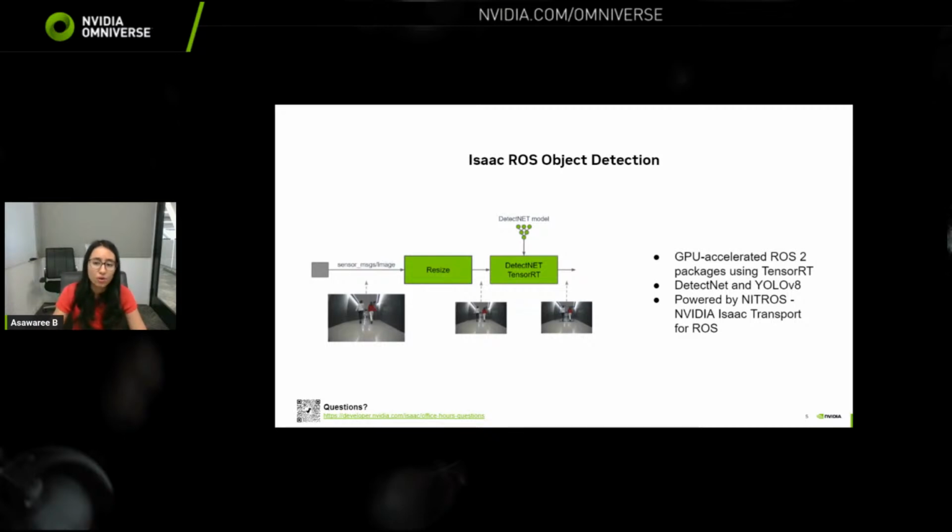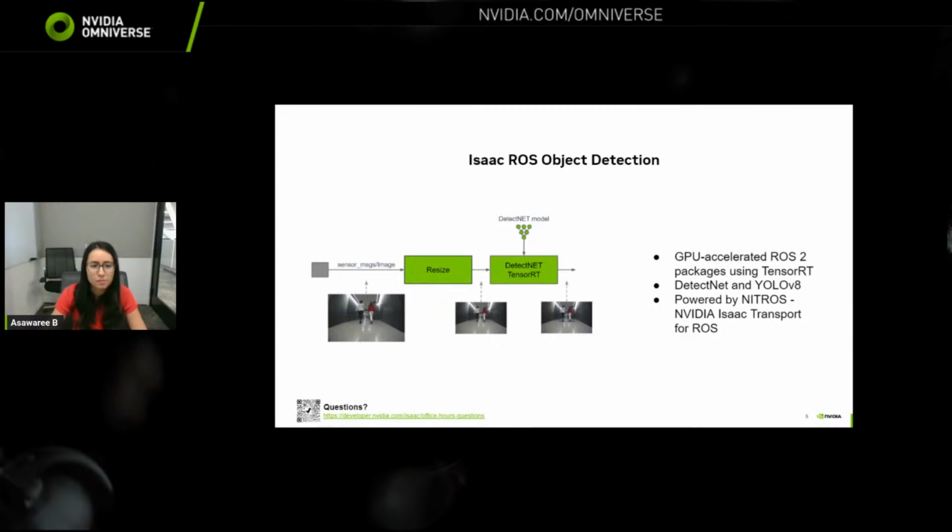What these packages do not give you is a segmentation mask, or the actual pixel information about where the object is in the image, because these are not segmentation models. So if an object mask in the image is what you're interested in, I would encourage you to instead look at Isaac ROS image segmentation, because we have some models there that do segmentation. These are specifically for when you just want 2D bounding boxes around objects in your image.